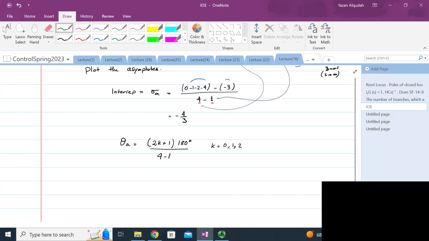Together? How do I know I have 3 asymptotes? 4 minus 1. Number of finite poles minus finite zeros. So here we have 3 asymptotes, which is 4 minus 1, which is equal to 3. And therefore, I'm going to take theta A for k equals 0, 1, 2, all the way to 3 minus 1. Make sense?